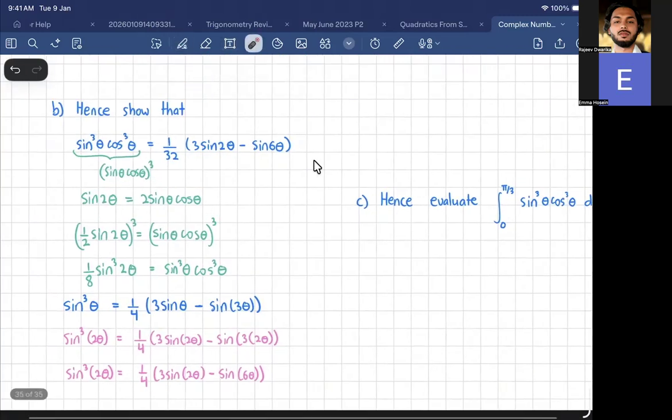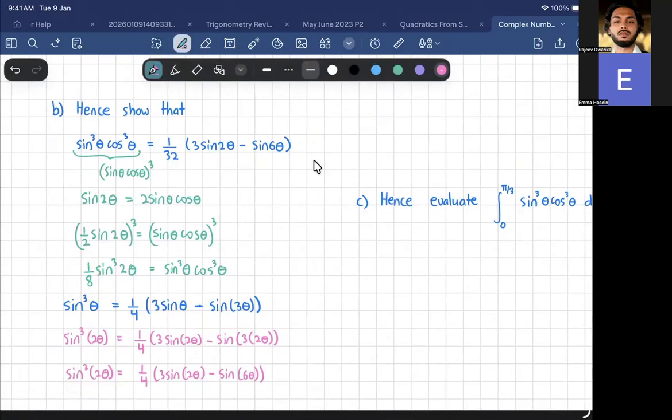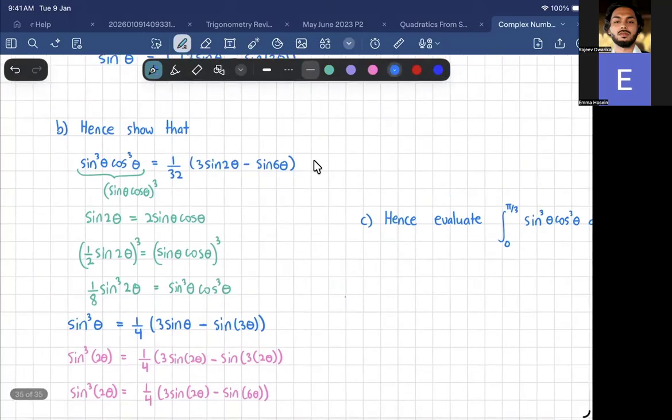So we know what sine cube 2 theta is, so I could just plug that in here. We wanted to figure out what 1 over 8 sine cube 2 theta was.